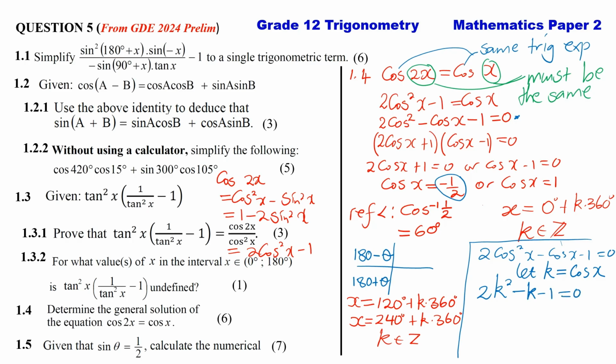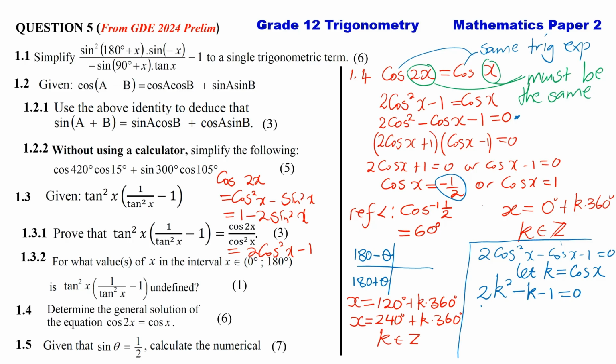Then we apply the quadratic formula to solve for k, or we use factorization that we have used in this question to find the value for k. Then after determining the value for k, you can revert back to cos x and continue to solve the equation.